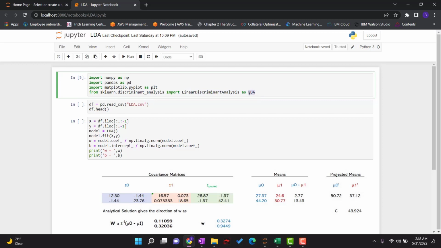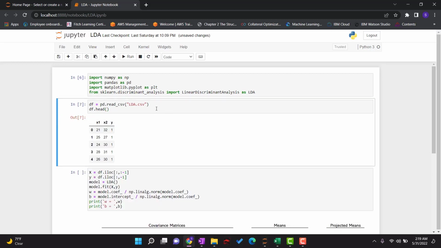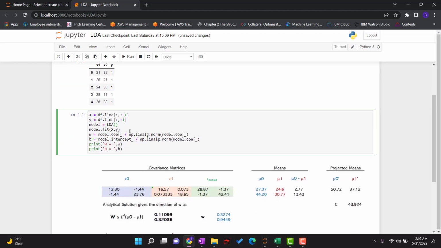So I'm giving a small alias so that it will be easier. So let me run this. Okay, now let's read the LDA CSV file. Looks good. Now here again I'm instantiating a model object from the LDA class, and everything else is the same.